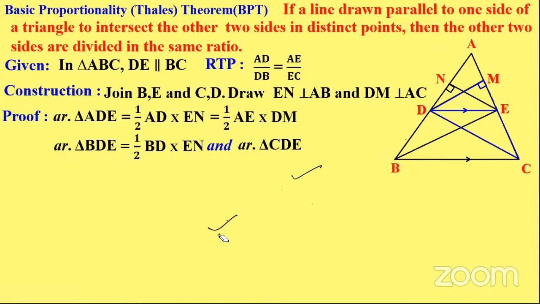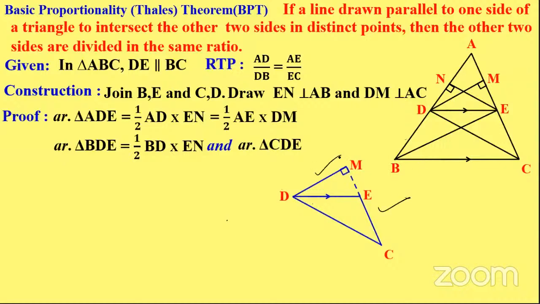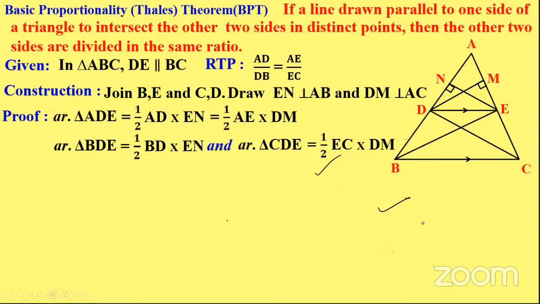Its base is this EC, its altitude is this, so half into EC into DM. So these are the areas of the three triangles.